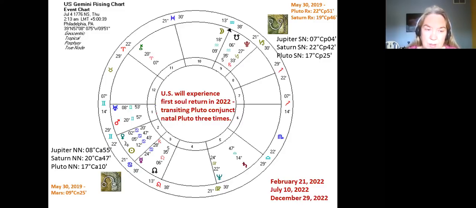And of course, as of this recording on May 30th, Pluto's retrograde at about 23 Cap, Saturn's retrograde at 20 Cap, and Mars has entered Cancer, and it's going to come in and trigger the natal North Nodes, the transiting North Nodes of the US and us, and then we're going to have the eclipses come in. I didn't put those charts in, so it might be just a little intense this summer.